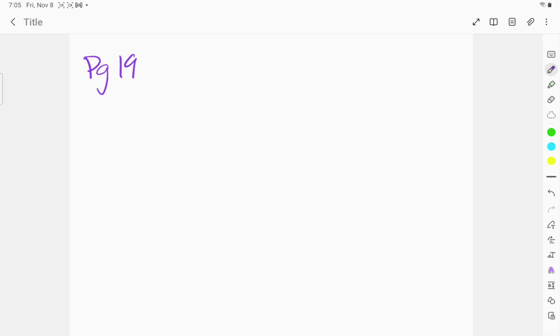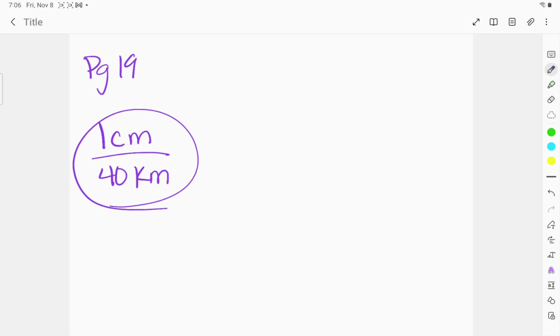Okay, so it tells you in the instructions to solve and use a scale of 1 centimeter per 40 kilometers. Number 1 says the distance between two cities on a map is 2.5 centimeters. What is the actual distance between the two cities?